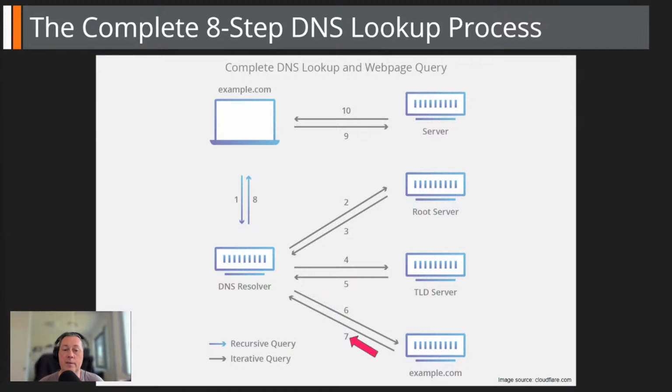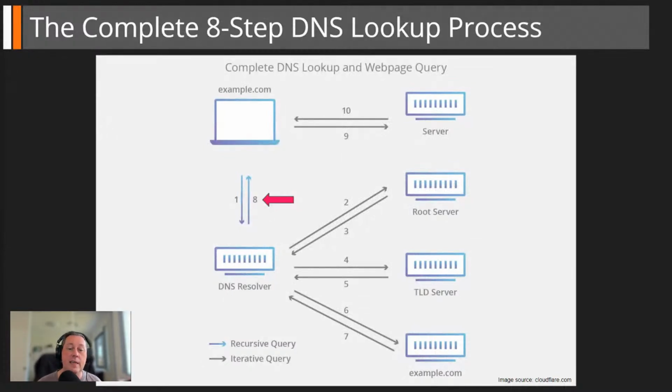Then the IP address for example.com is returned to the DNS resolver by that name server. And step eight is the DNS resolver responding to the web browser, giving it the IP address of the domain that was initially requested. So all that stuff is for humans: just give me the machine address from this human domain name.